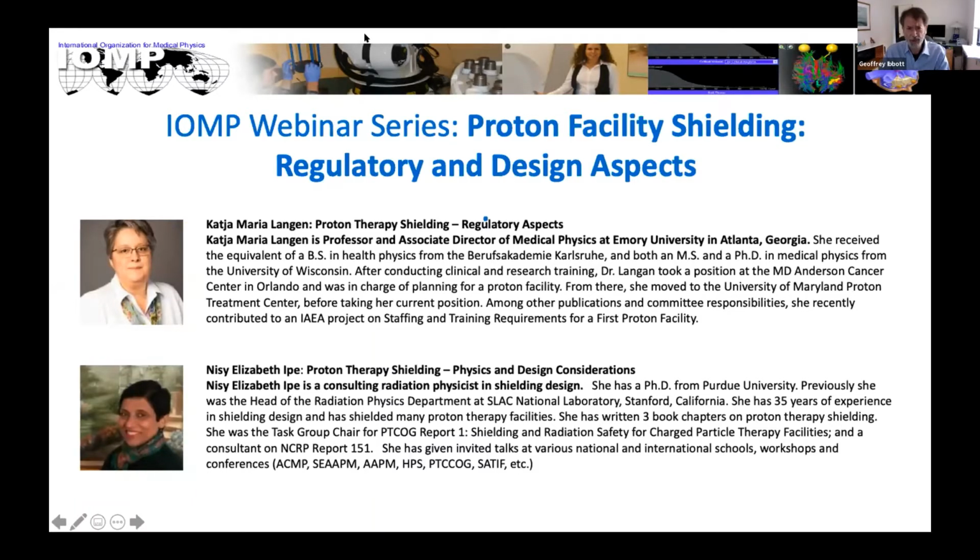Those of you who are involved in proton therapy may be familiar with the Particle Therapy Co-Operative Oncology Group, or PTCOG. Nissi is very involved there and chaired the group that wrote a report on shielding and radiation safety for particle therapy facilities, and was a consultant for the NCRP report that is the most current US report on shielding design.